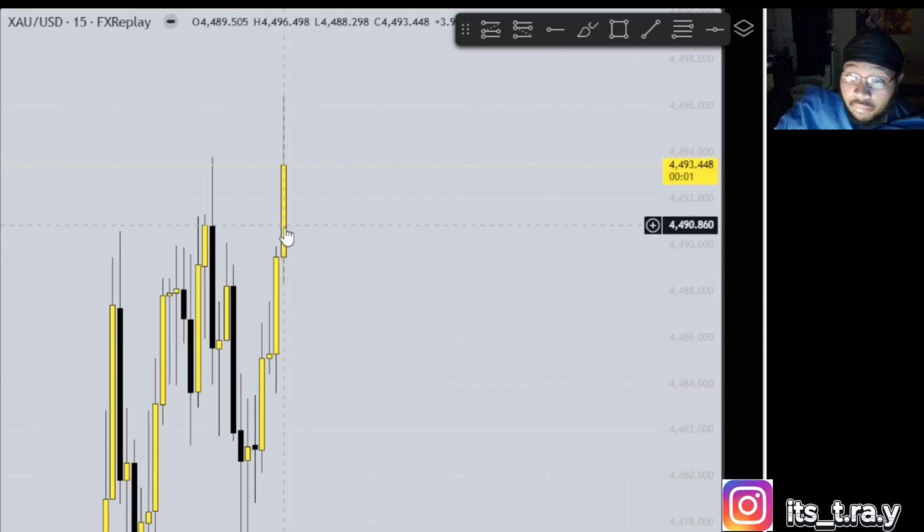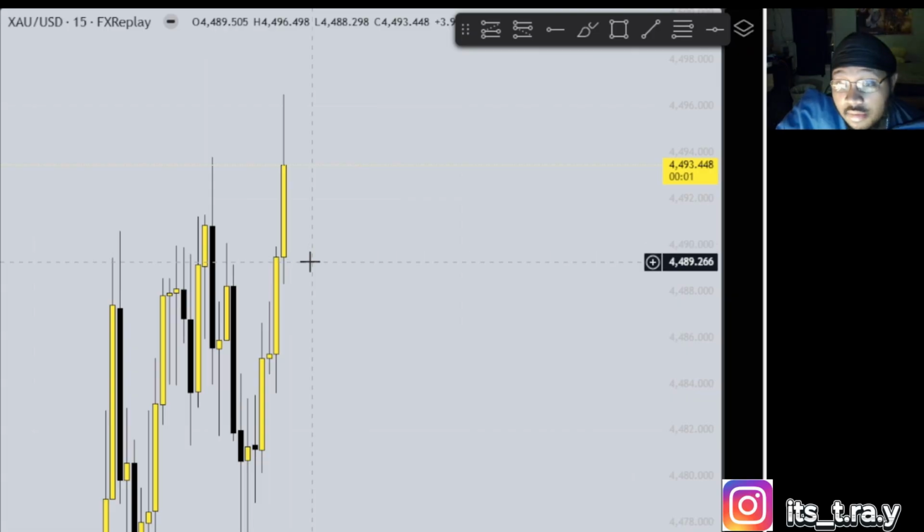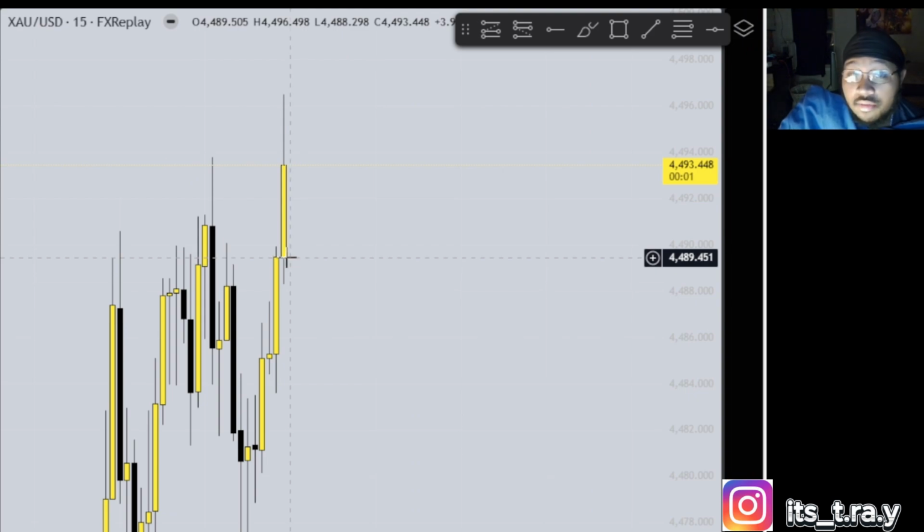Right here, bullish candles operate by having an open and a close. With bullish candles, the open starts out at the bottom. In this case, I'm on a 15-minute time frame, right?